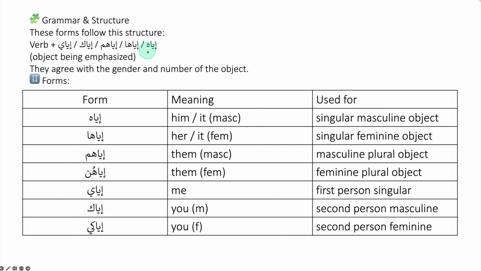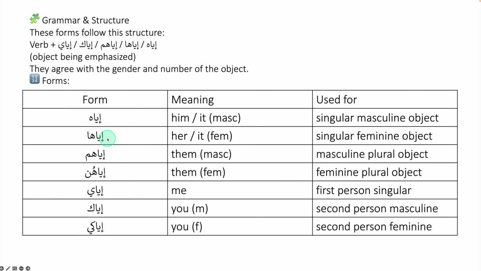So here the object is being emphasized for clarity. And as you see on the screen, these do agree in gender and number with the object. So here we've got the conjugation. We'd say iyyah, with him, and it, if the object is masculine.